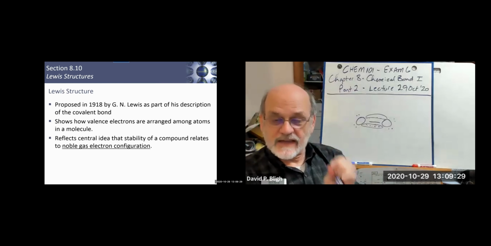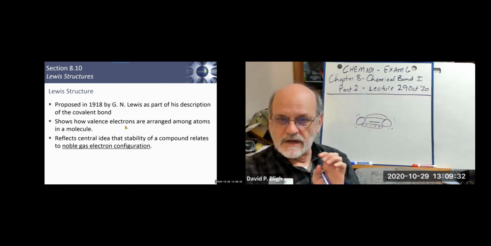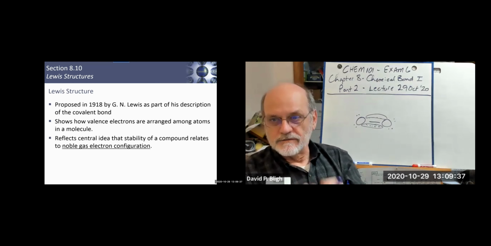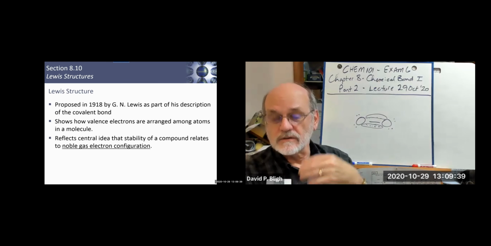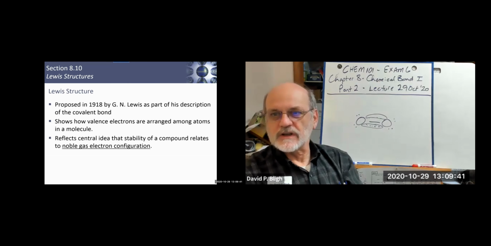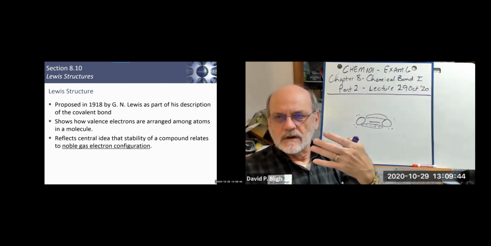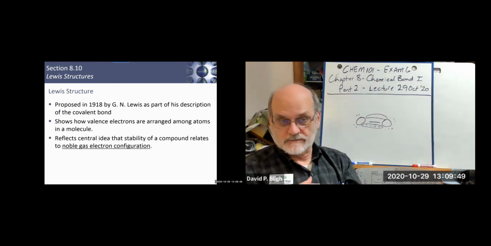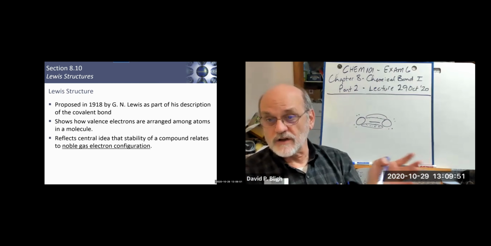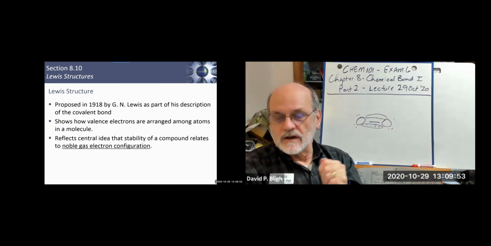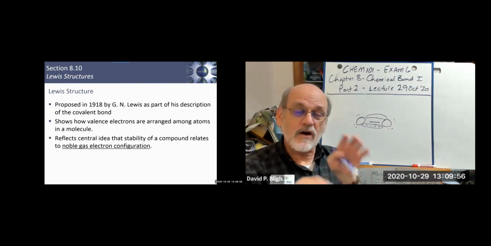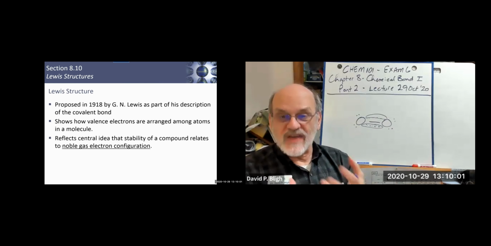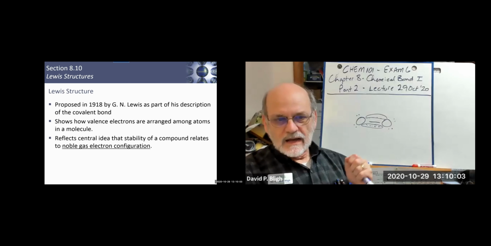And the one good thing that came out of it was a way of placing valence electrons around the symbol of an atom, so that you could get a representation of what the atom looked like relative to its valence electrons. Right? Because we don't care about the core electrons in this theory. We only care about the valence electrons. So Lewis gave us a way to do that.